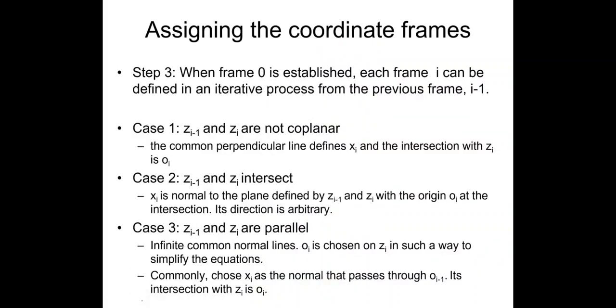And then step 3 is to assign the frames in between, okay? And there are multiple cases. So when frame 0 is established, which is the base, the frame in between, which is frame i, can be defined in an iterative process from the previous frame i minus 1.